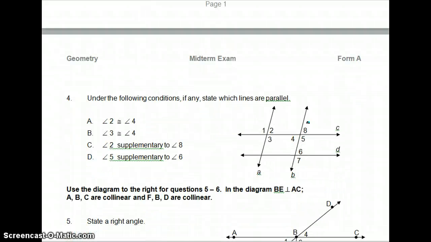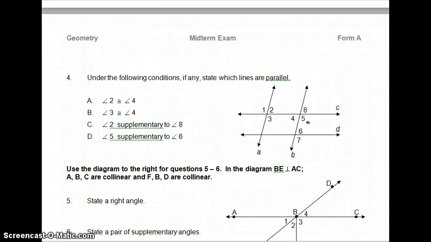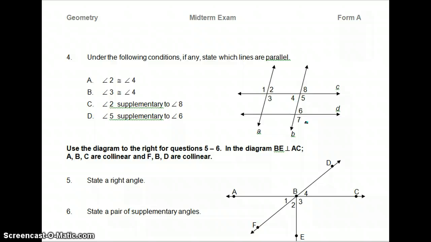Number 4. Under the following conditions, state, if any, which lines are parallel. Well, if 2 is congruent to 4, that tells you that we have alternate interior angles.